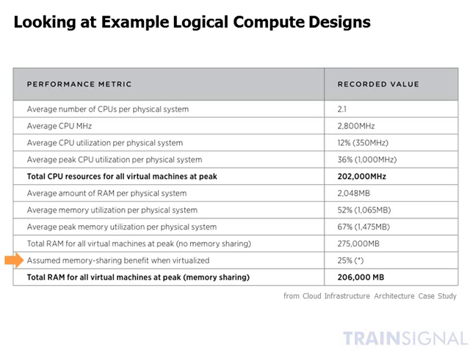And large page tables typically will result in a lower memory sharing benefit. Putting these numbers together, and again, we don't have a total on the number of systems that were analyzed, we arrive at an aggregate RAM requirement of 206,000 megabytes or 206 gigabytes of RAM.